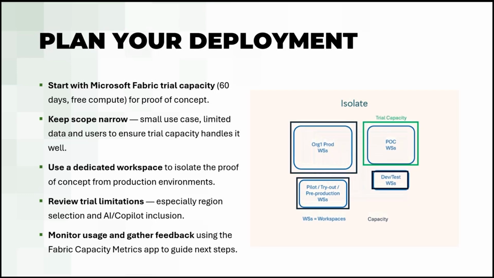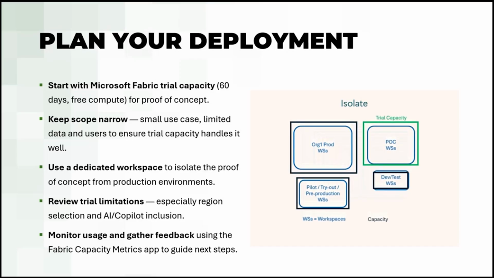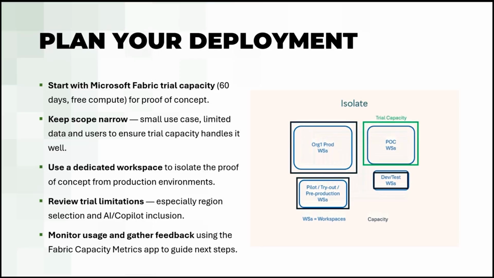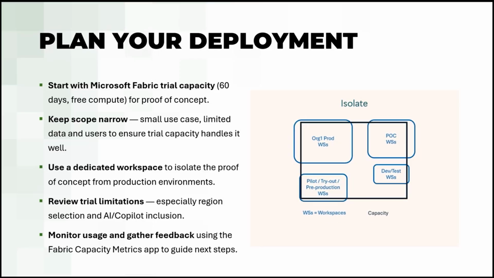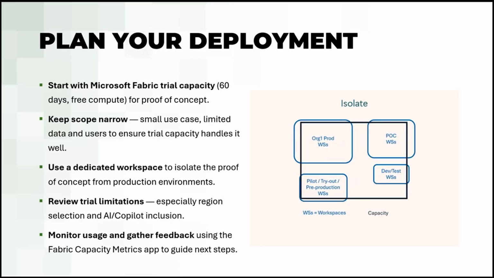When you're building a proof of concept, start narrow with a small use case. Get it figured out correctly, monitor it all the time, and make sure that you're on top of your capacity.